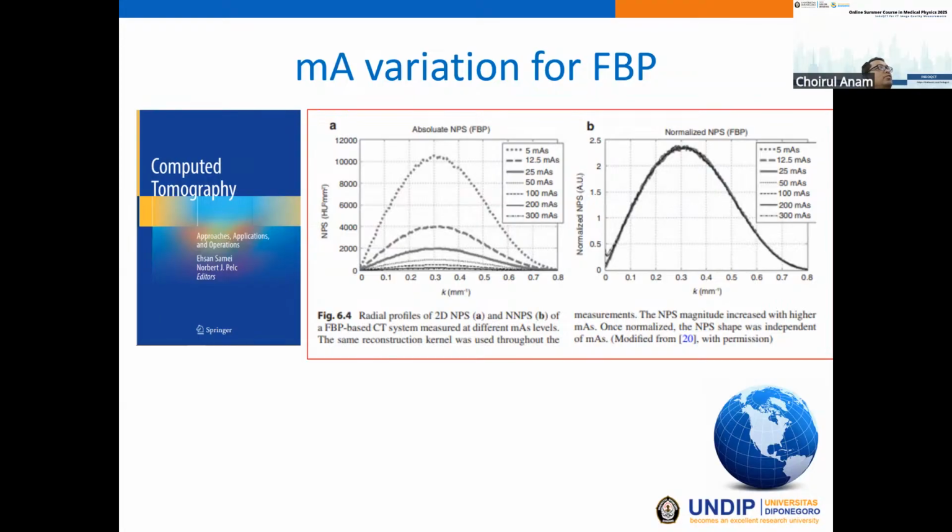And if we normalize all NPS, we can have the NPS like this. All NPS is very close to each other. So there is no difference in NPS for different tube loading. It is our expectation for the filter back projection for different mAs. So the difference is not in the noise texture, the difference is only in the noise level.